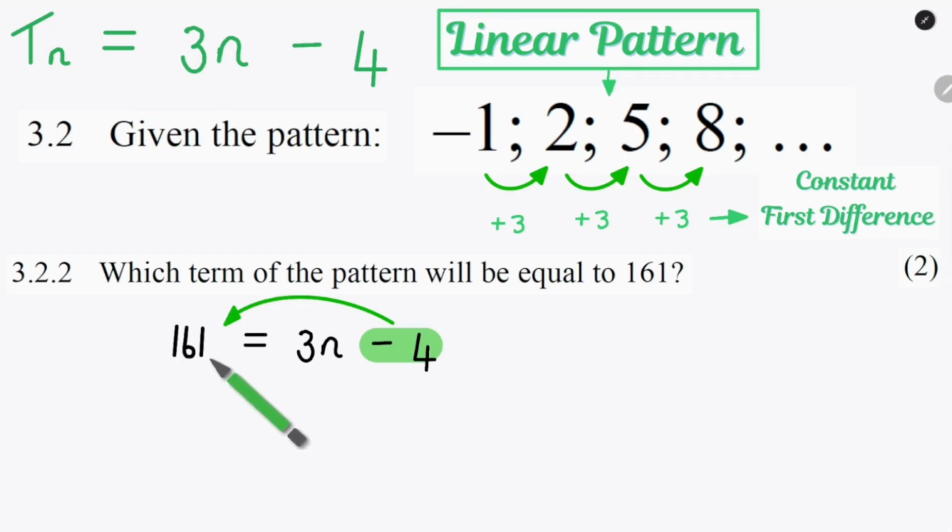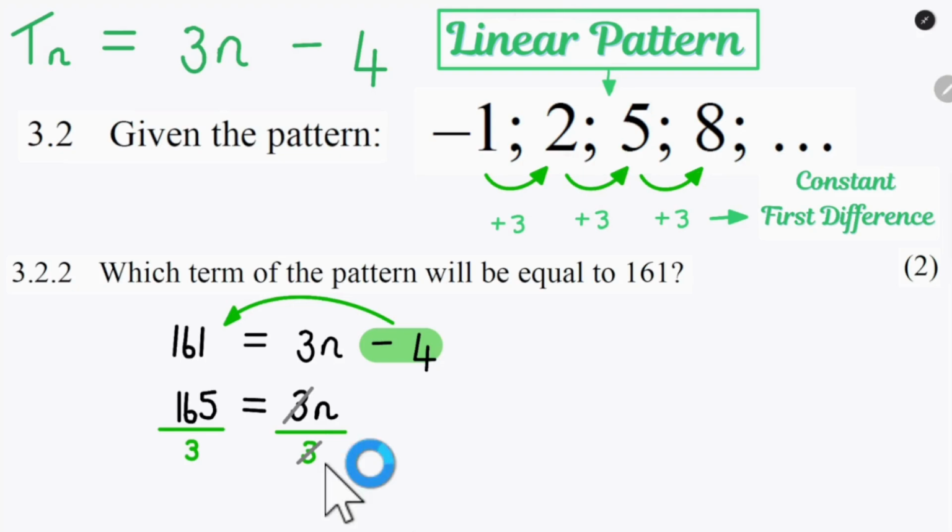It's going to become plus 4. 161 plus 4 is 165. This 3n doesn't change, so it stays the same. Now I need to get rid of this 3 to get n on its own. And to do that, I'm going to divide both sides by 3. And then they cancel over there. And 165 divided by 3.